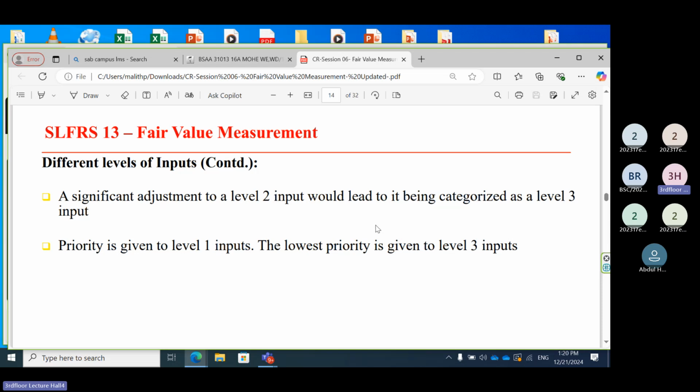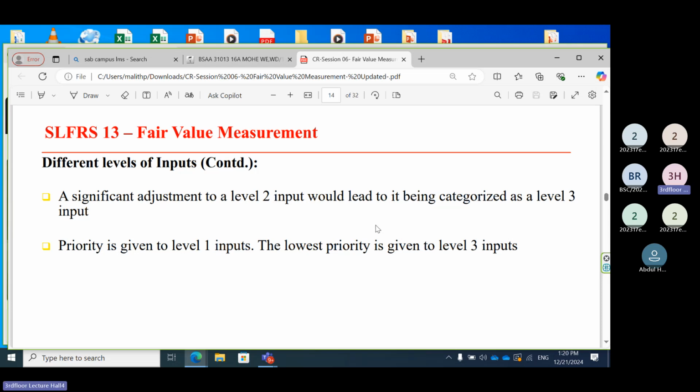That weightage is based on your judgment. If you are taking a significant judgment, that fair valuation may be level 3. You can refer to the market price, but you have a significant judgment here. So that can be justified as a level 3 valuation.